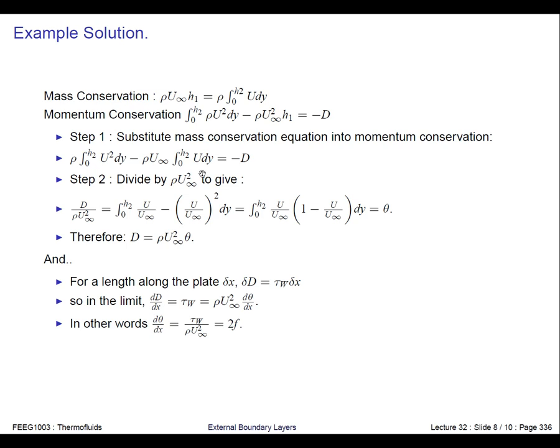If that's divided by u infinity, we end up with this ratio here. And then we say, I recognize this. This is my definition for momentum thickness. So therefore, this must all be true.